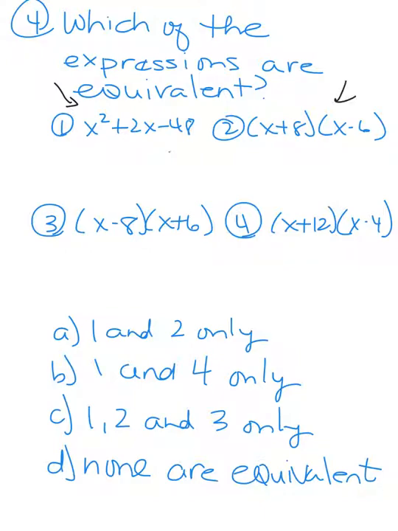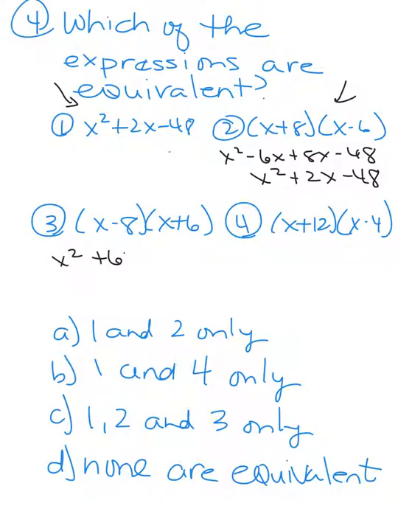So let's do that. Number 1 is already in trinomial form, so I can leave that alone. And number 2, I'll use FOIL. So I have x squared minus 6x plus 8x minus 48 gives me x squared plus 2x minus 48. In number 3, I have x squared plus 6x minus 8x minus 48.